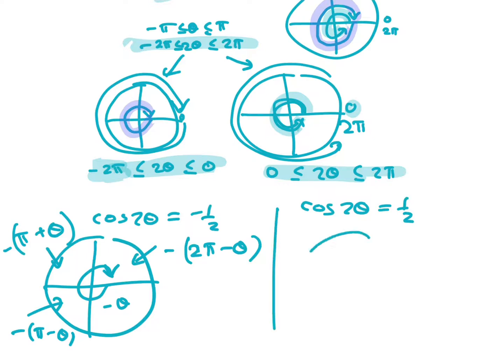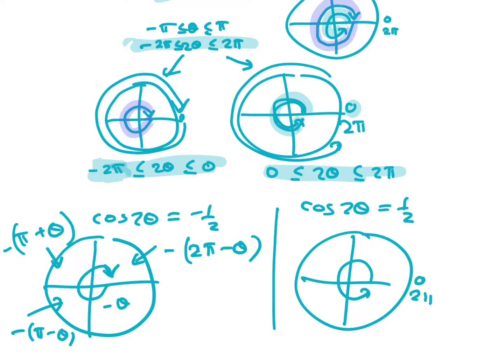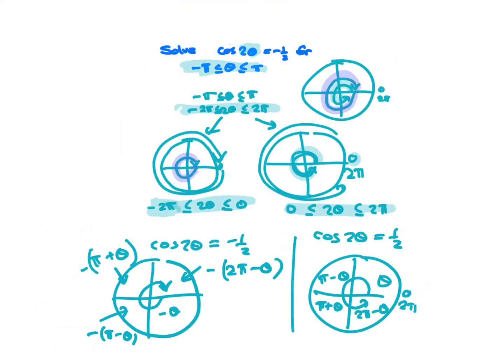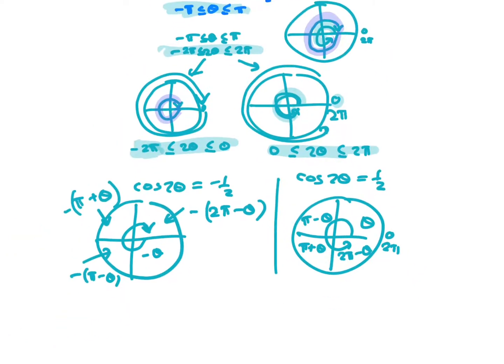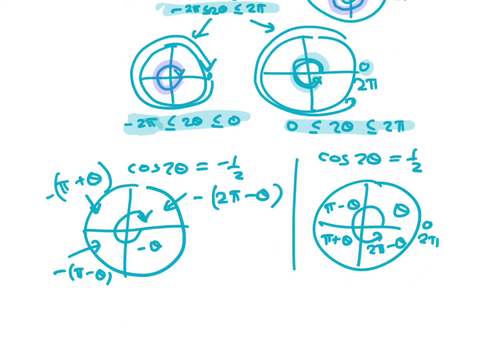When you do this one here, you're going around the normal way from 0 to 2 pi: theta, then pi minus theta, pi plus theta, and 2 pi minus theta. So it's all the positive ones in that direction. And this one's going in the negative direction, like theta, 180 minus theta, 180 plus theta, 360 minus theta, but they're all negative because they're going in the negative direction.